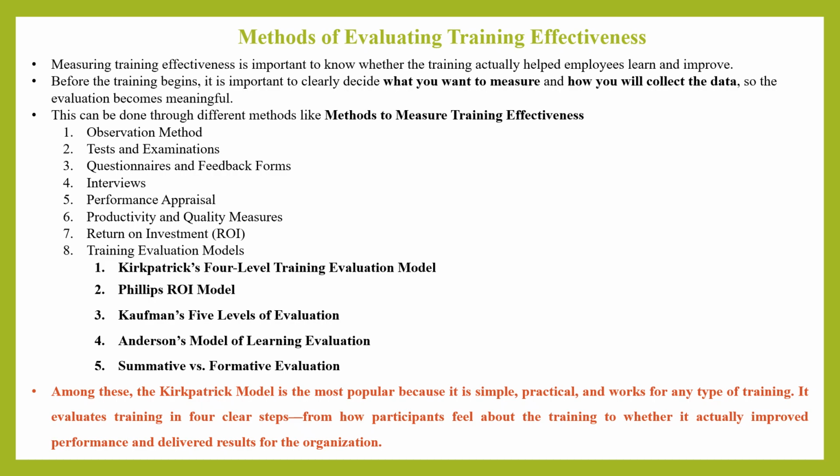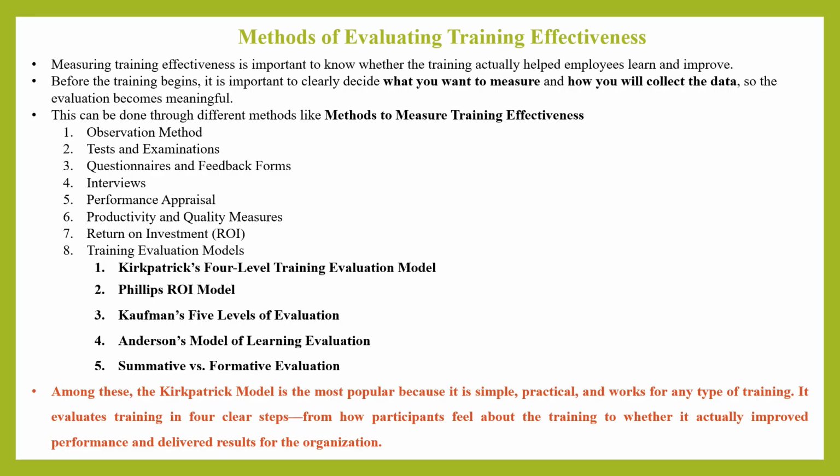These models include Kirkpatrick's 4-level training evaluation model, Phillips ROI model, Kaufman's 5 levels of evaluation, Anderson's model of learning evaluation, summative versus formative evaluation. Among these methods, Kirkpatrick's model is one of the most popular because it is simple and practical.